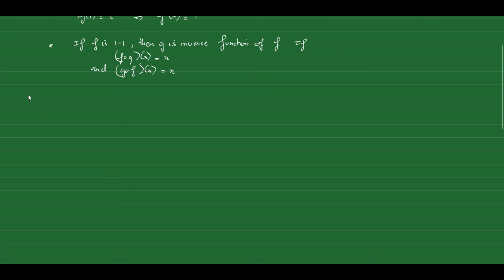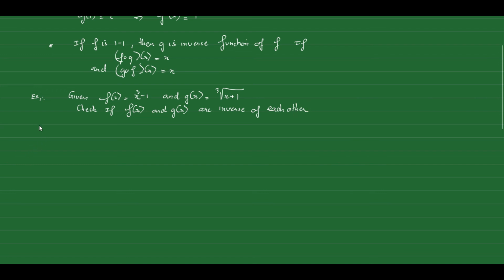For example, given two functions, f of x is x to the third minus 1, and g of x equals cube root of x plus 1, and we want to check if f of x and g of x are inverses of each other.